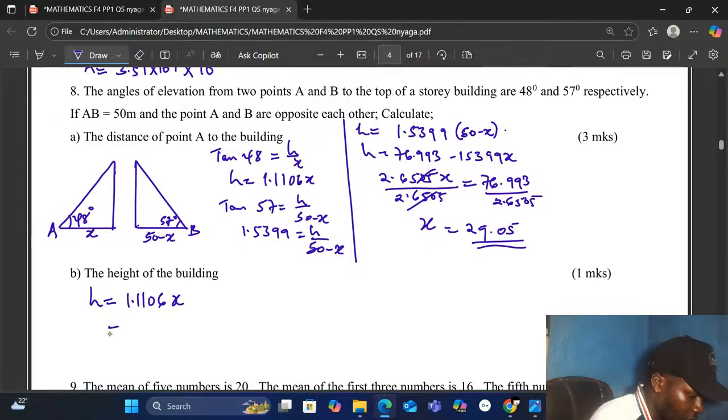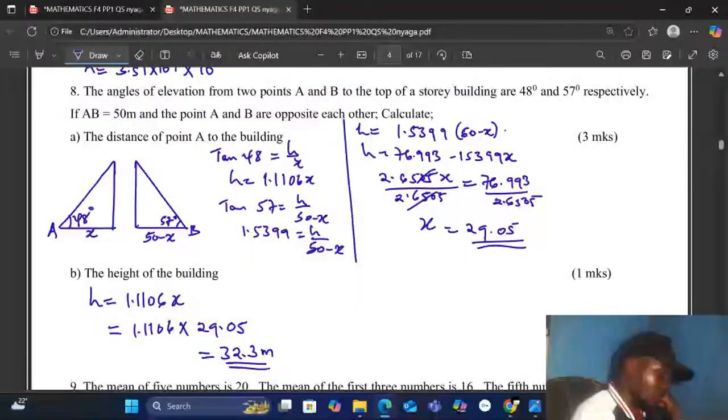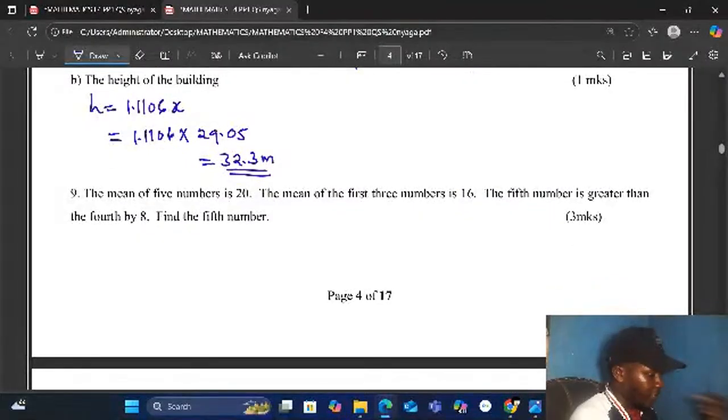Therefore, h will be equal to 1.1106 times 29.05, so that our answer becomes 32.3 meters. So that is the height of the building. That's simple.